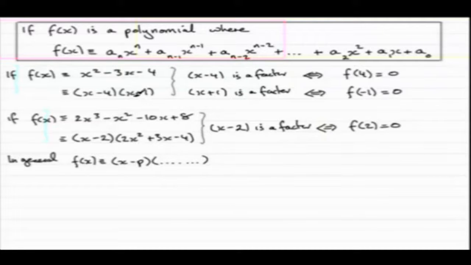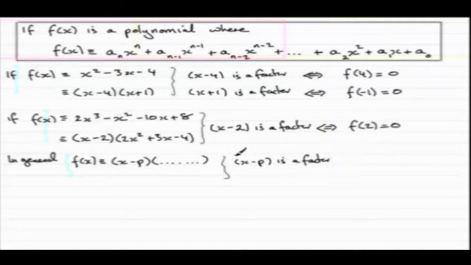It could be another linear factor, a quadratic factor, it might even be a cubic factor, and so on. Nonetheless, in this particular case, x minus p is a linear factor.